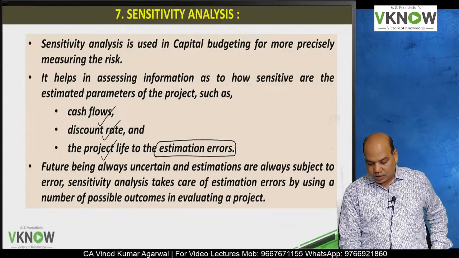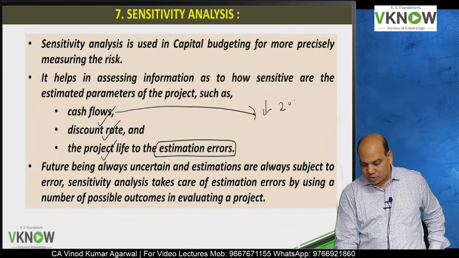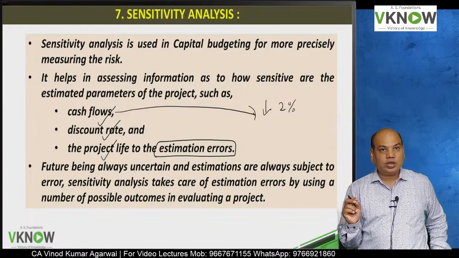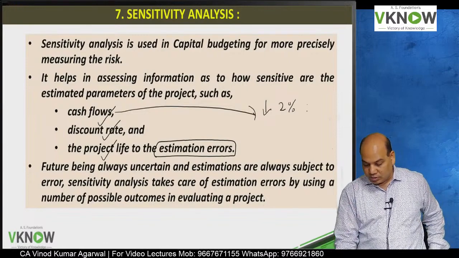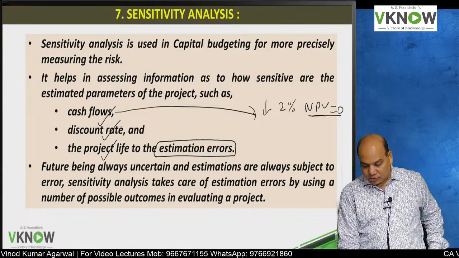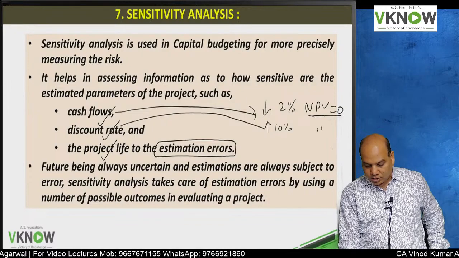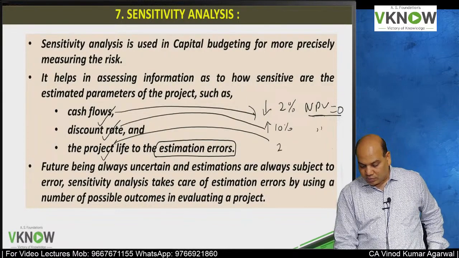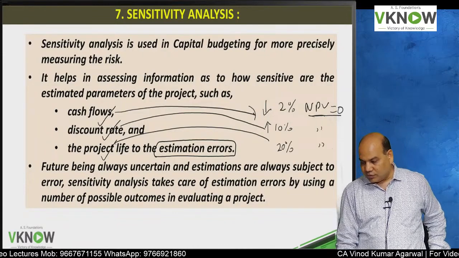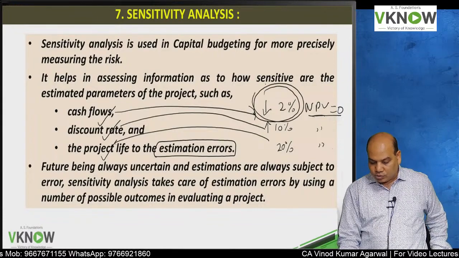Suppose if cash flow decreases by 2%, NPV becomes 0. If discount rate increases by 10%, NPV will be 0. If project life is reduced by 20%, NPV is 0, which means the project is more sensitive to cash flow.